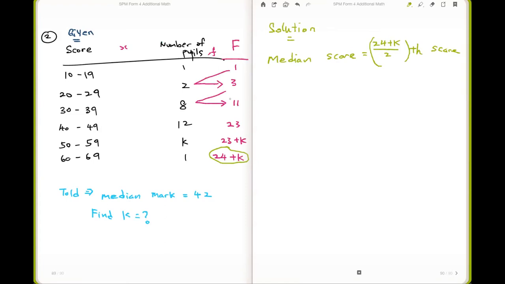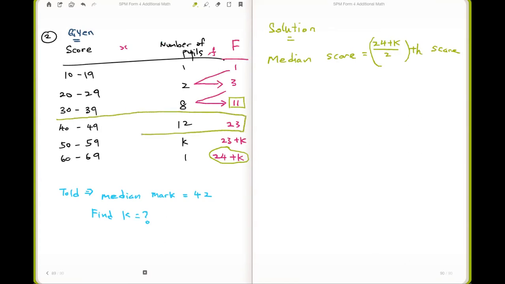So here's 11. Obviously, my median class would fall anything after here. It's convincing because the frequency here is 12, so it must fall in this class.